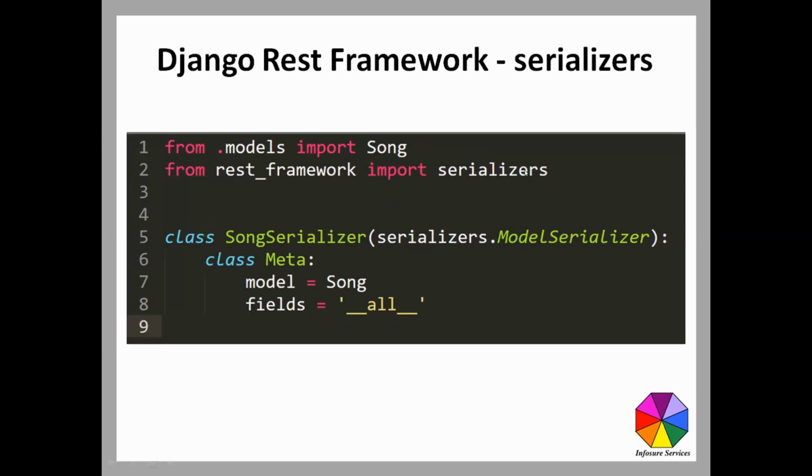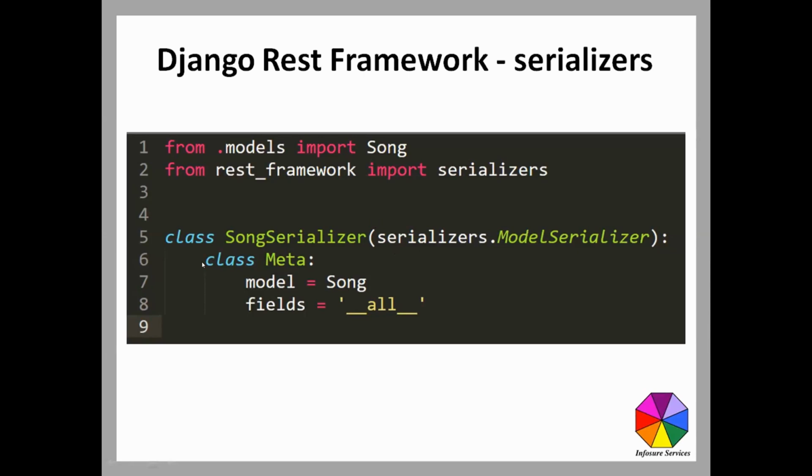Import serializers, this module. From that library, import the module. That is going to give you ModelSerializer, which is your parent class. So you create a SongSerializer class, a child class, inheriting from serializers.ModelSerializer.